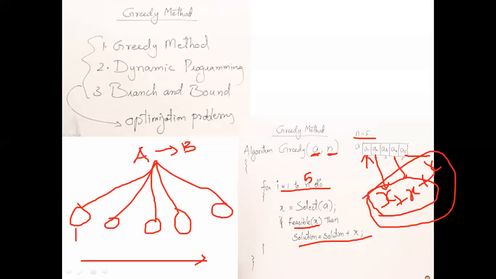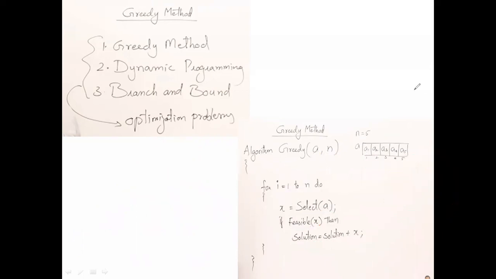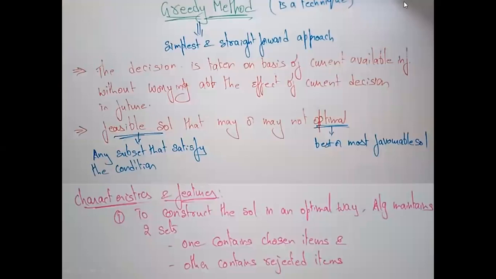So for i equal to 1, that is initial, first A1, to n do: select that A, check whether it is feasible for the solution, then add it to the solution X with that result. That is the greedy algorithm.